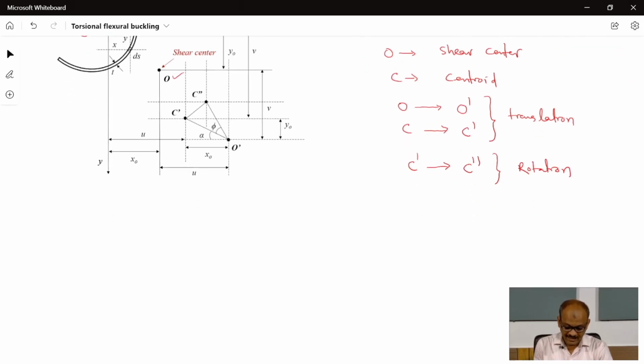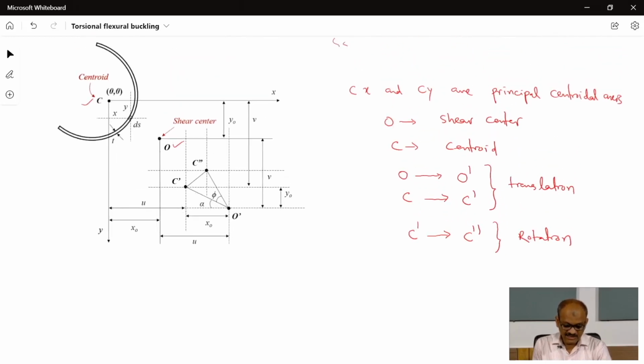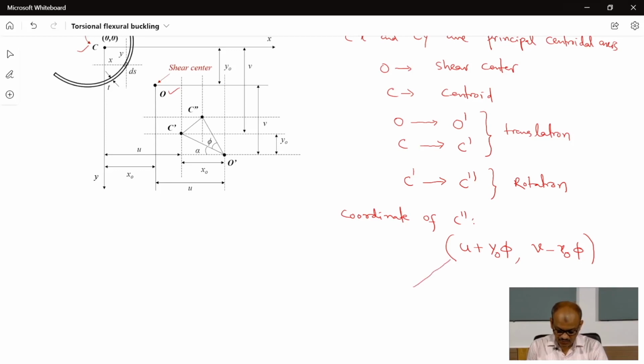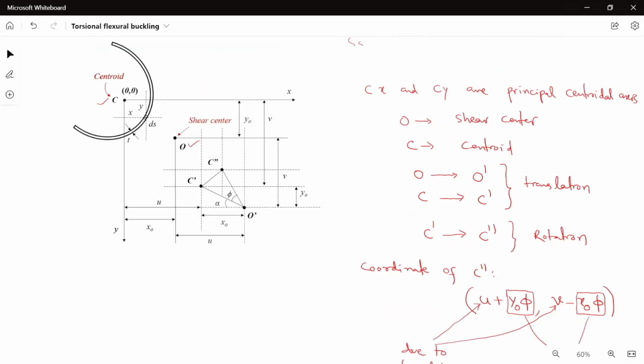This is due to translation and this is due to rotation. Finally, the coordinate of C double dash is U plus Y naught phi and V minus X naught phi. Here U and V are due to translation, and Y naught phi and X naught phi are because of rotation. In the figure, the centroid C moves to C dash, that is translation movement.